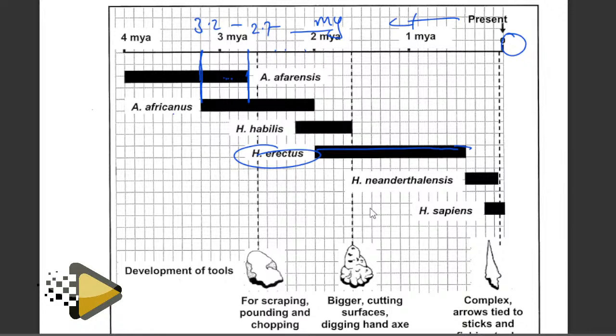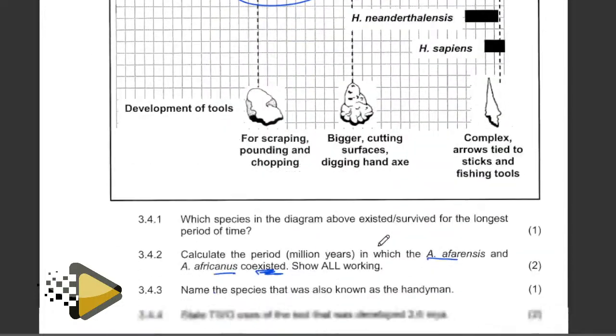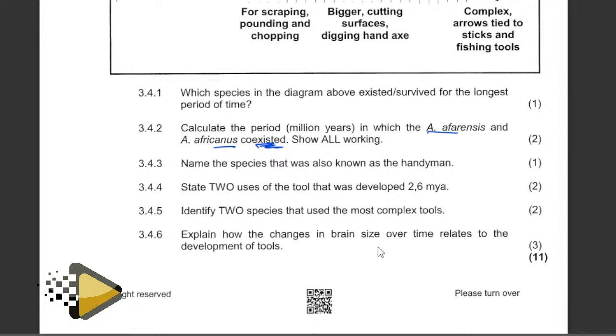So guys, when you subtract here, make sure that you subtract correctly, okay? But it must have that word million years, because in most cases we mark the units.